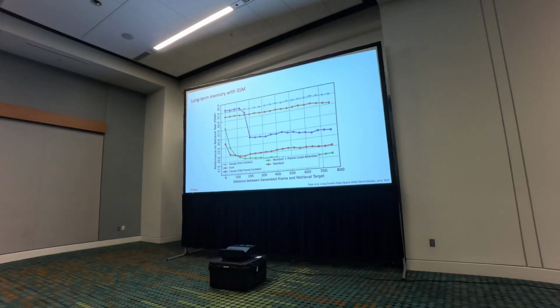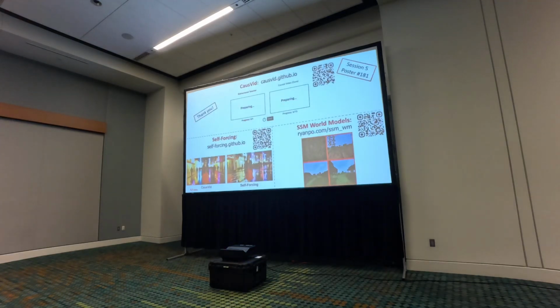And the orange curve represents our SSM result, which is close to causal, but much faster. And if you apply Mamba 2 naively, with or without frame local attention, you get a very rapid drop because of this raster scanline order, the traditional order in which Mamba is applied. And as I said, that's not good in terms of preserving the long-term memory.